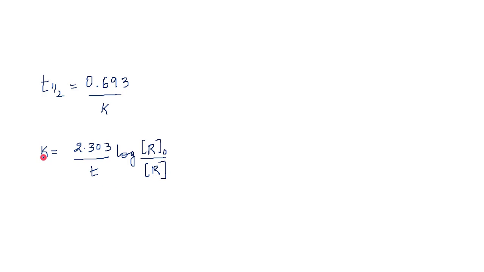K is rate constant, R naught is initial concentration, and R is the amount of reactant left after time t. So these two relationships or formulas will be used for calculating the numericals, right? Let's begin.